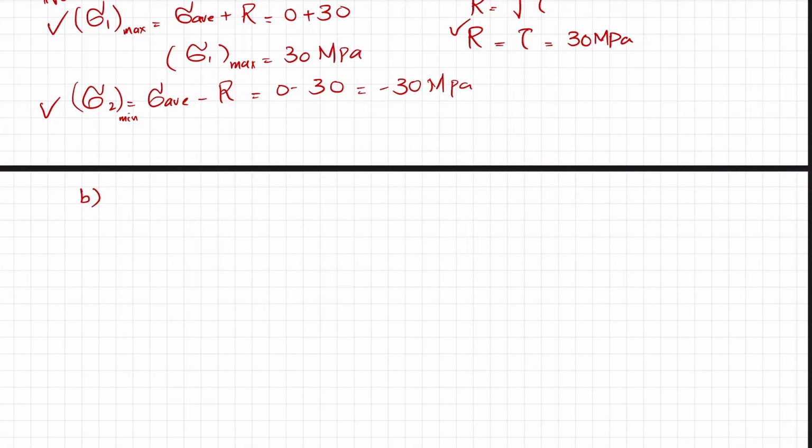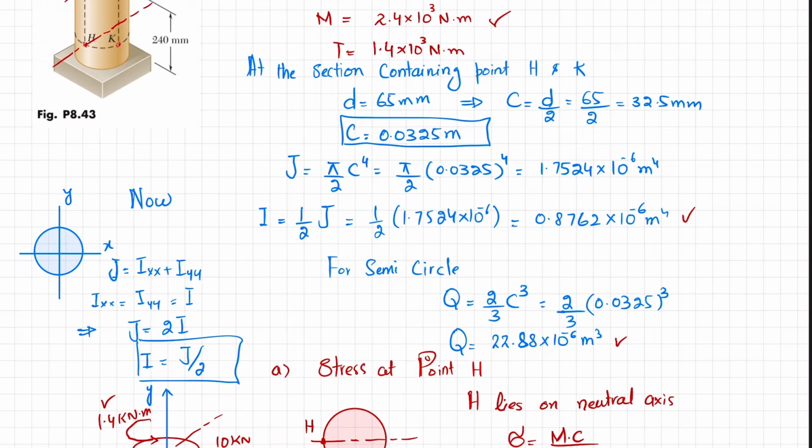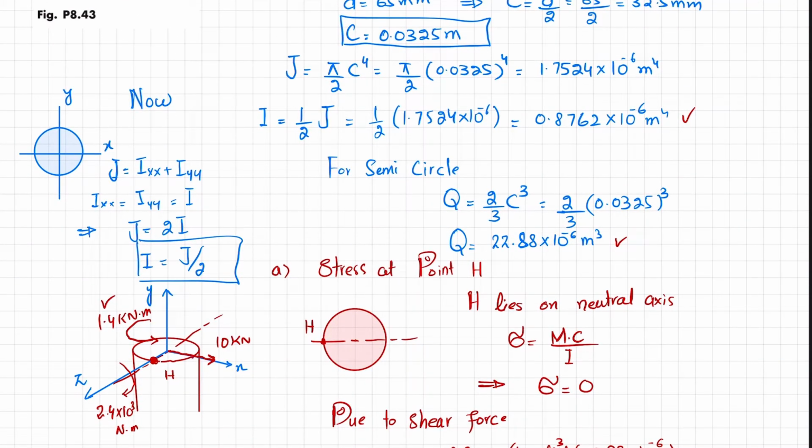Now we'll move toward our second part, stresses at point K. So in part B, stress at point K. You can see that from here, let this be your point H, and this will be your point K. This we will use in another color. This is your point K, and this is your neutral axis.